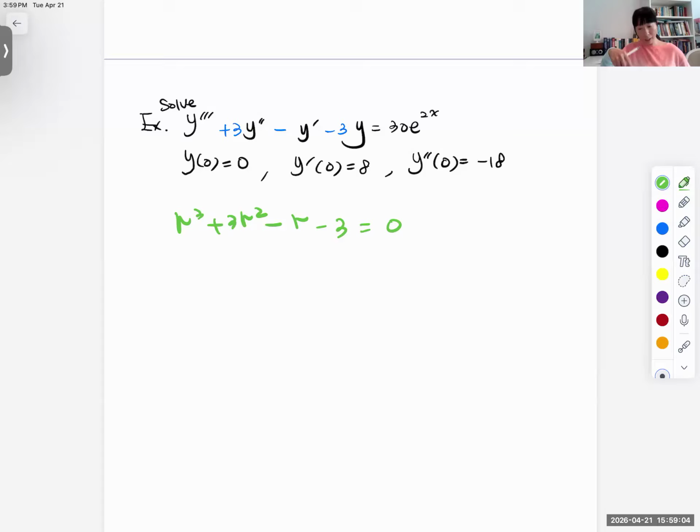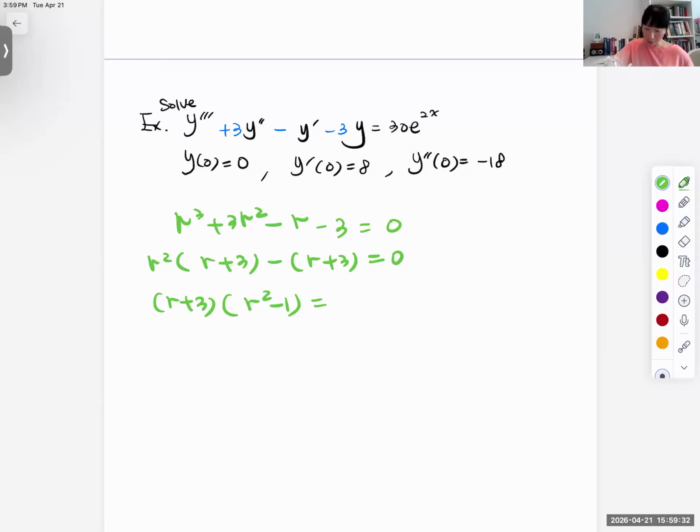Now we have 4 terms, so we can do group factoring. r squared, then the first 2 terms, so we have r plus 3, right? And factor out the negative 1, then r plus 3 as well. Then what they have in common, r plus 3 and r squared minus 1, right?